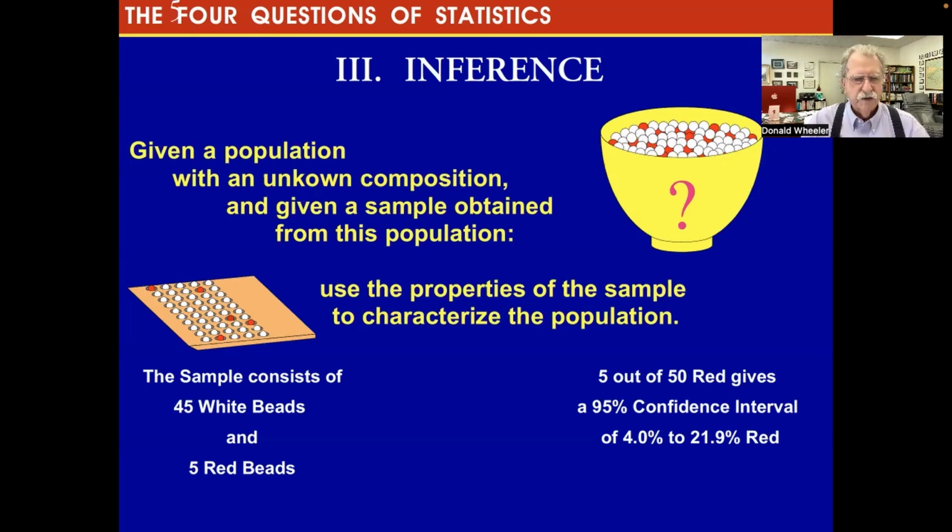So a sample that consists of 45 white beads and 5 red beads, we would say is consistent with a population having anywhere from 4 to 22% red beads. That's the confidence interval for our sample result. Now, description, probability, and inference are the 3 main topics you will find in most introductory textbooks in statistics.